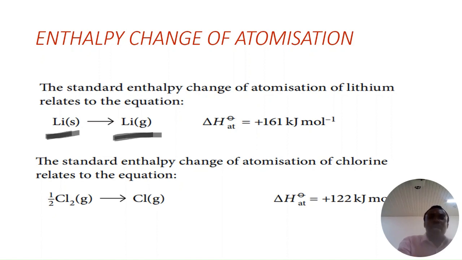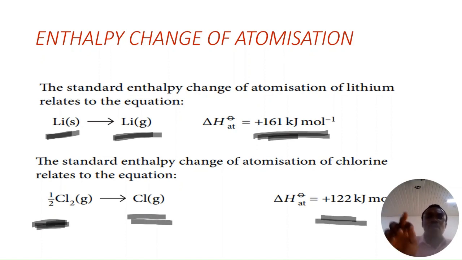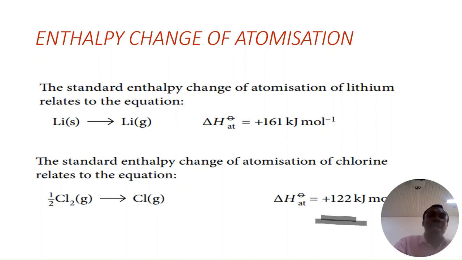Remember, it is always endothermic and always positive. For chlorine, the value is plus 122 kilojoules per mole. That means energy is needed to break bonds.